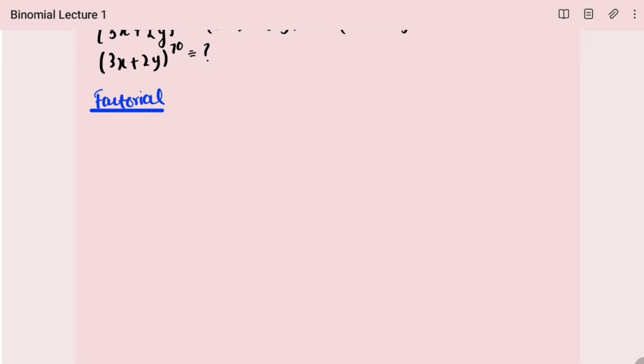So in order to study this theorem, first of all we need to understand the language of factorial, or the symbol of factorial. Now r factorial is the product of r consecutive natural numbers. It is r times r minus 1 times r minus 2 times r minus 3 all the way up to 3 into 2 into 1.